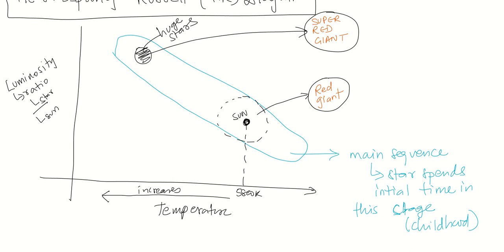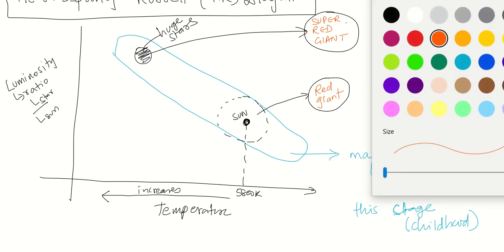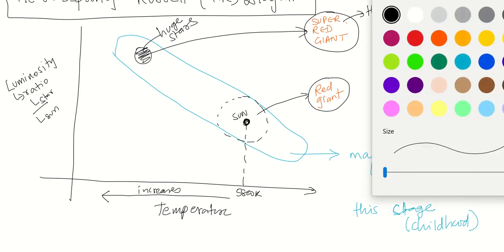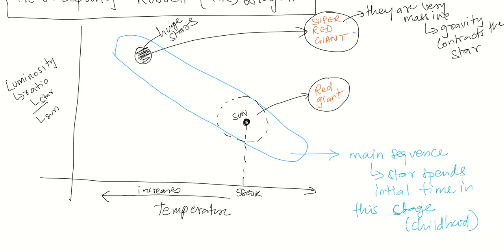Now super red giants are very massive. Because they are very massive, gravity contracts the star, and these stars end up becoming one of two things. They can either become a neutron star, or they can become a black hole.